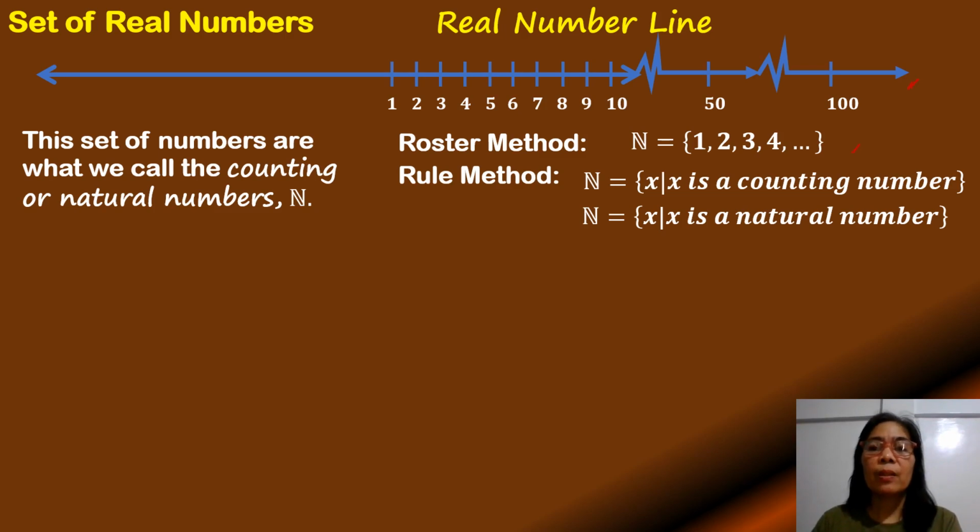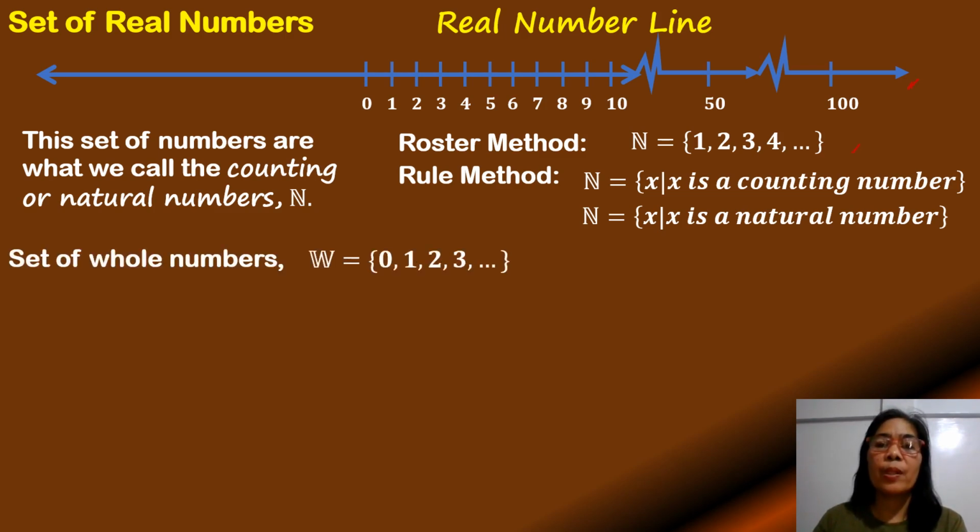After learning how to count, we learned that there is also this number 0. So the set of whole numbers is the set containing 0 in the set of counting numbers. So the set of whole numbers includes 0, 1, 2, 3, 4, and so on and so forth.